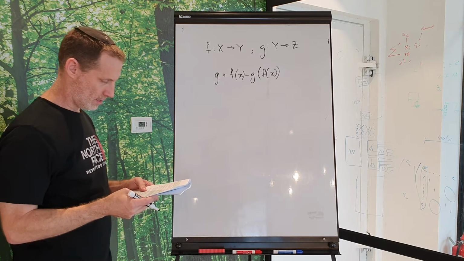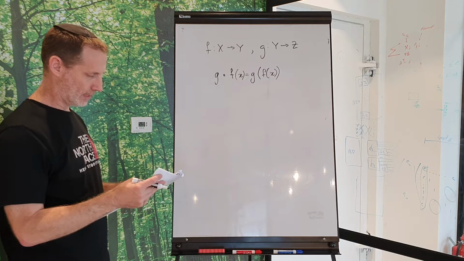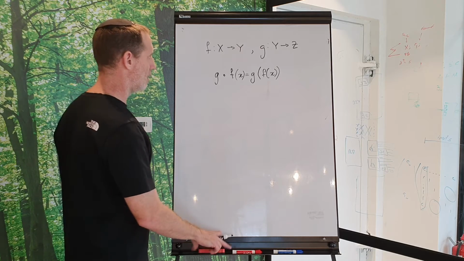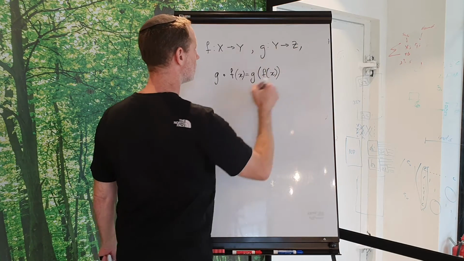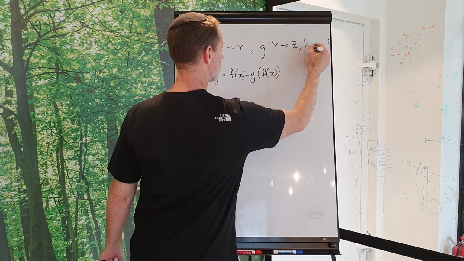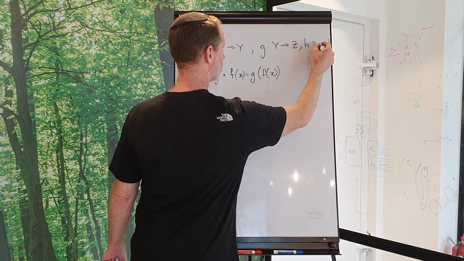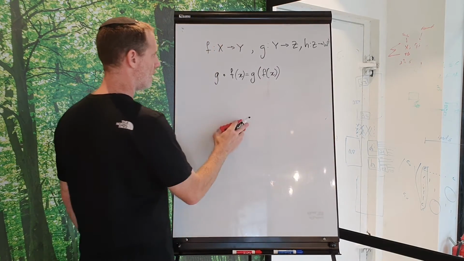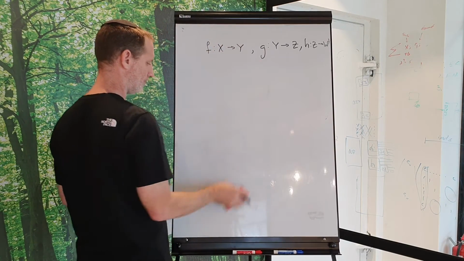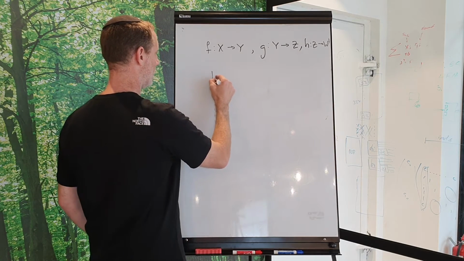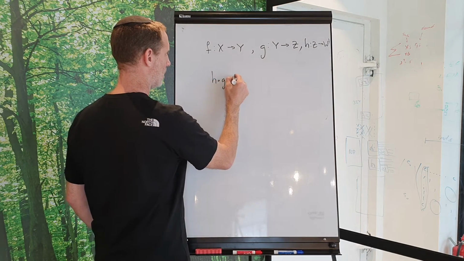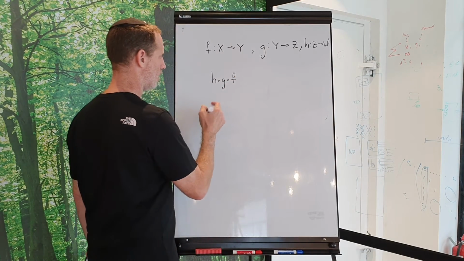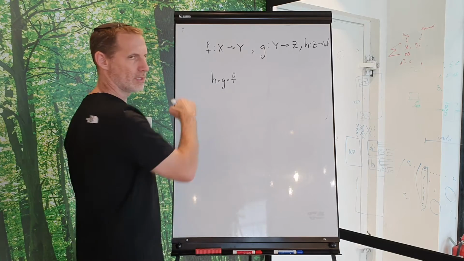And this actually creates some interesting things. Let's add h that goes from Z to W, and then let's look at the composition h, g, f. Composition is actually associative.